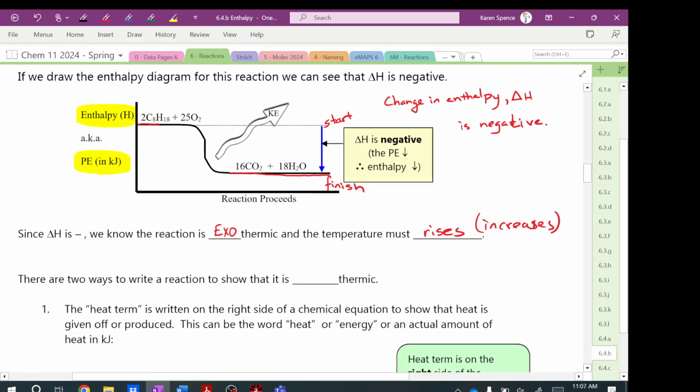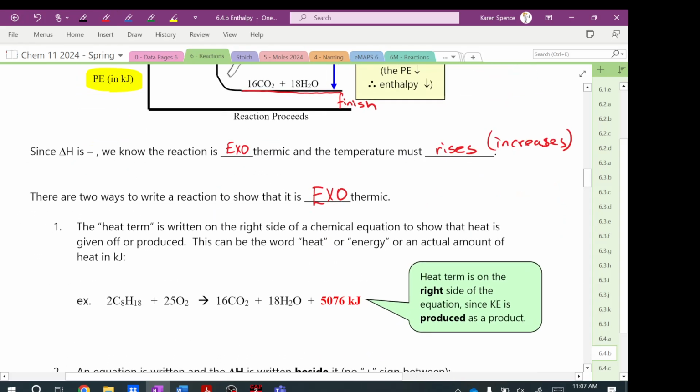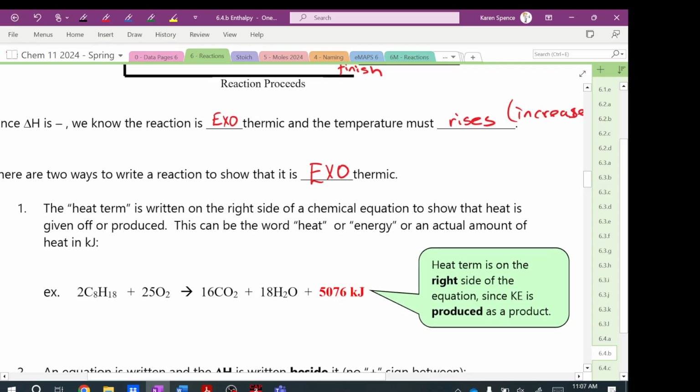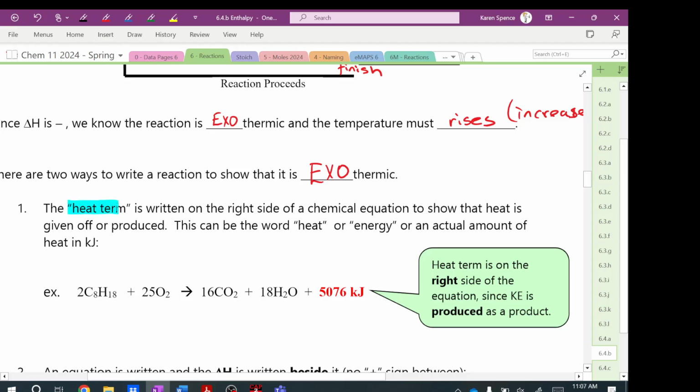So there are two ways that you can write a reaction to show that it is exothermic. First thing we can do is we can take our heat term, the kilojoules, and we can put it on the right side of the chemical equation, and that's in the products.